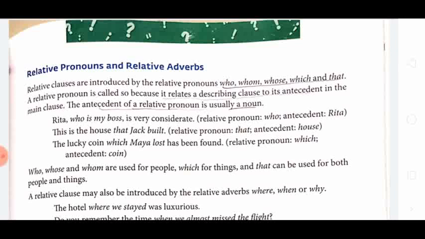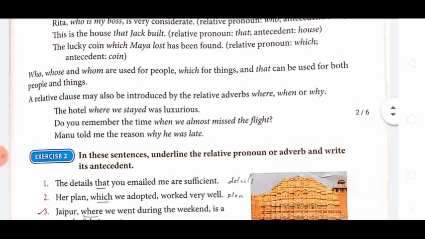Here you can see that Rita is a noun. Rita, who is my boss, is very considerate. Relative pronoun who, antecedent Rita. This is the house that Jack built. Relative pronoun that, house is the antecedent. And you know that who, whose and whom are used for people, which for things, and that can be used for both people and things.